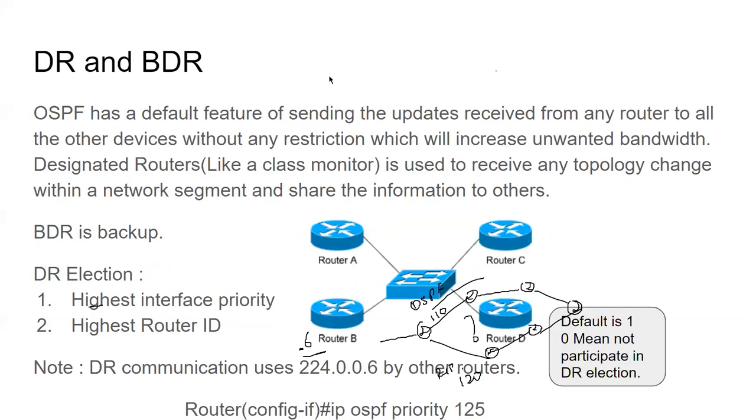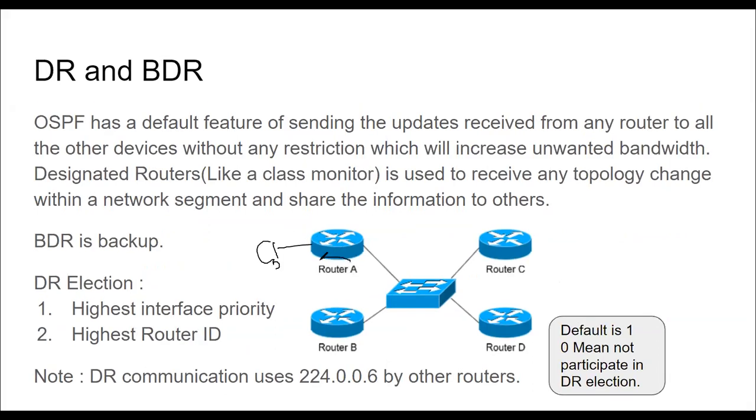Let's talk about DR and BDR election. OSPF has a good feature, and at the same time that's also a bad feature. For example, router A has some problem, this link failed. In a single broadcast domain network, this link failure has to be informed to all the neighbors.